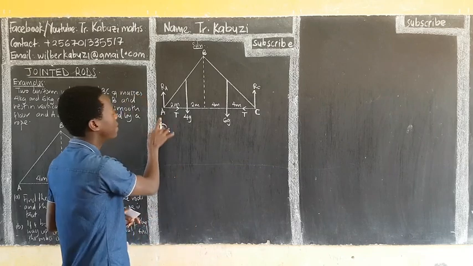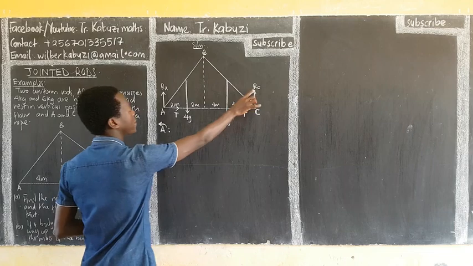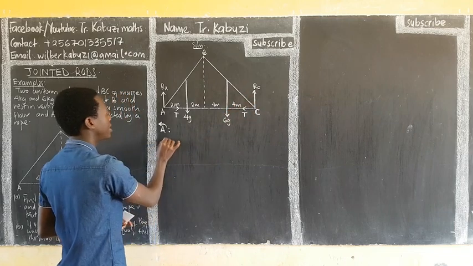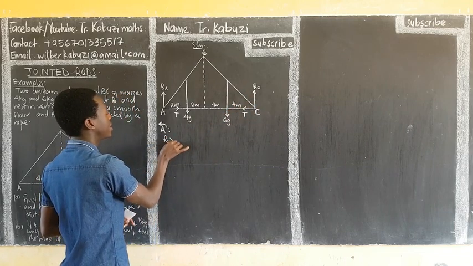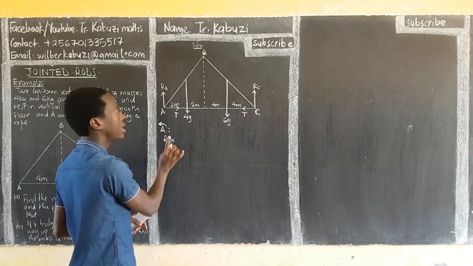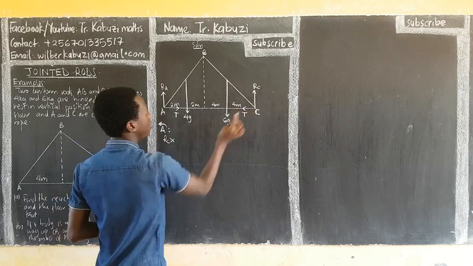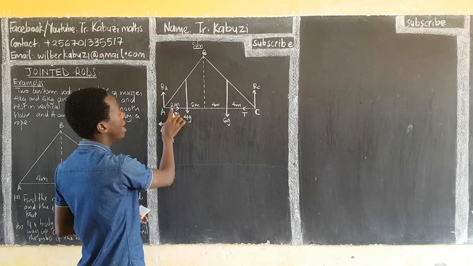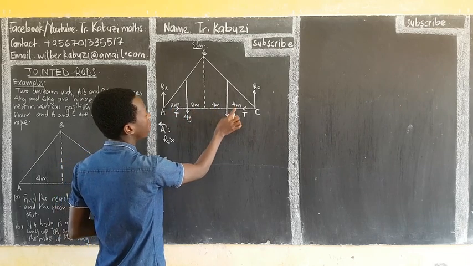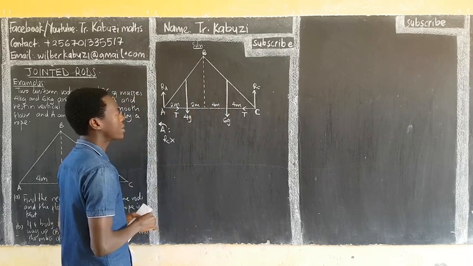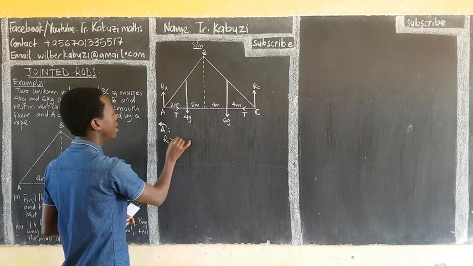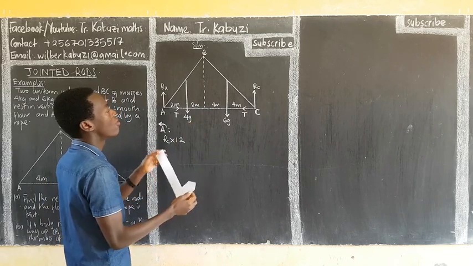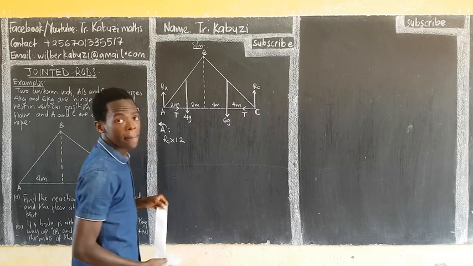So I take moments at A. The force acting anti-clockwise is RC, our reaction at C, times the perpendicular distance from A. So from here up to here, we are going to have 2 plus 2 plus 4 plus that, which is going to give us 12. It's the only thing that is acting anti-clockwise.